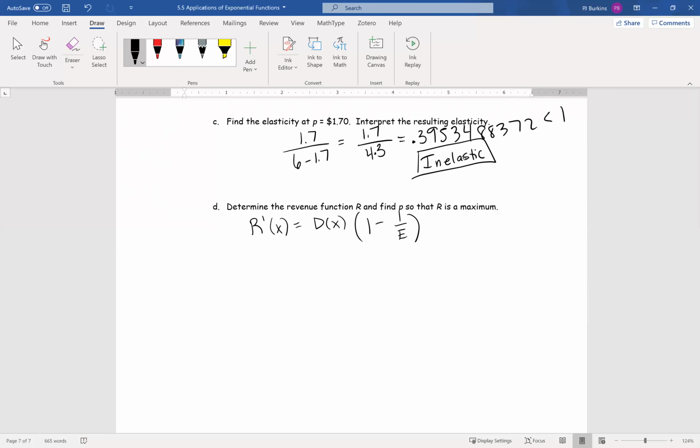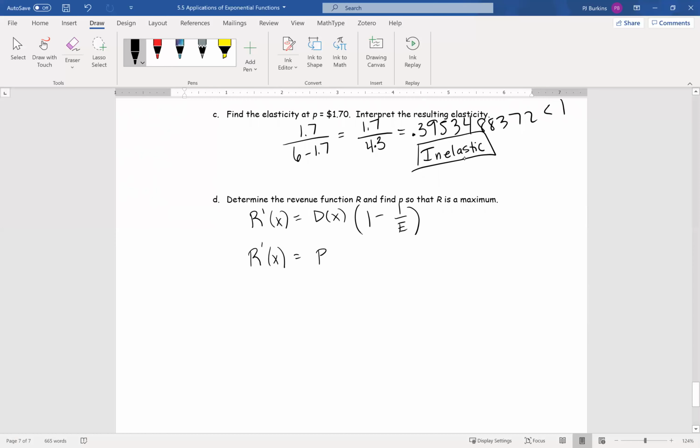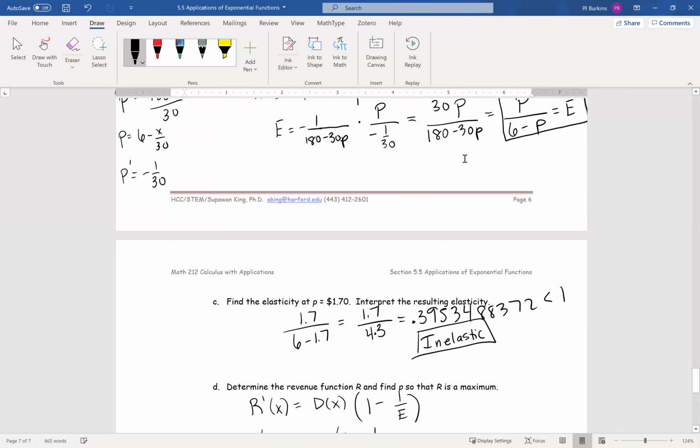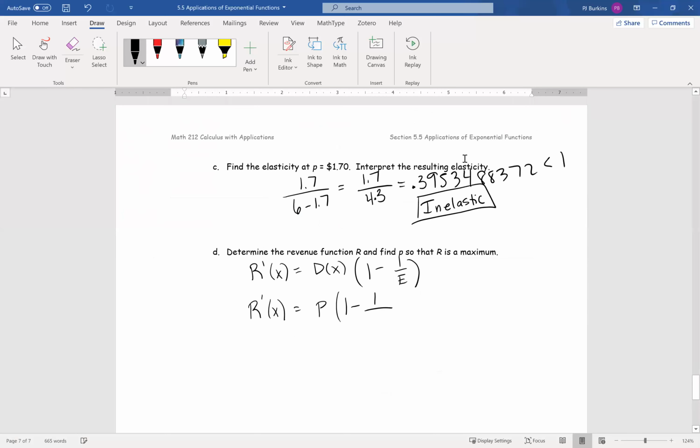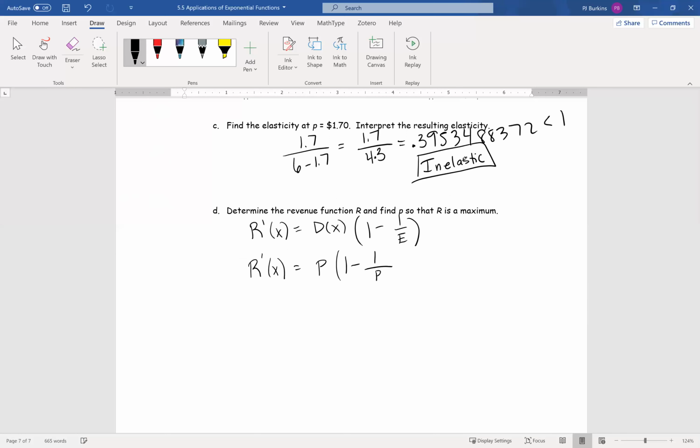We can rewrite that in terms of p. d is equal to p, and we have e in terms of p as well. e was p over 6 minus p. So anytime we do 1 over, we're basically just going to get the reciprocal. So this is p times 1 minus 6 minus p over p.